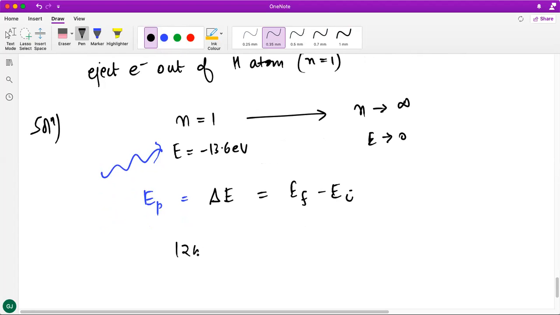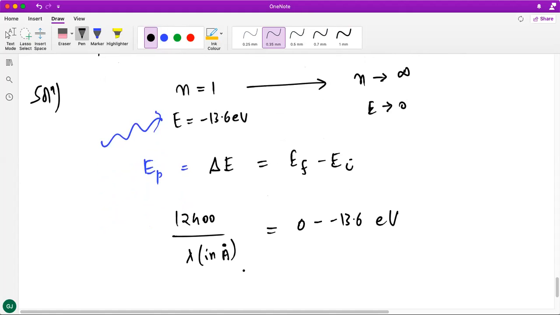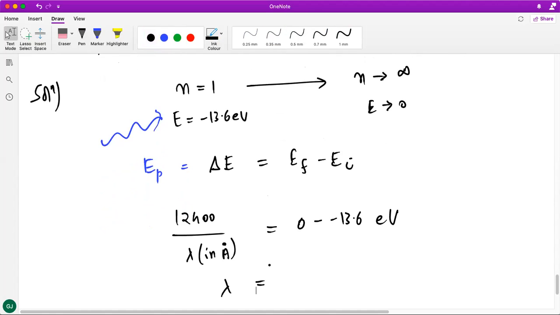So यहाँ पर 12400 upon lambda in angstrom, because I am doing calculations in terms of EV, so I will use this formula 0 minus 13.6 EV. So I'll get my answer of the wavelength, ठीक है, in the units of angstrom.